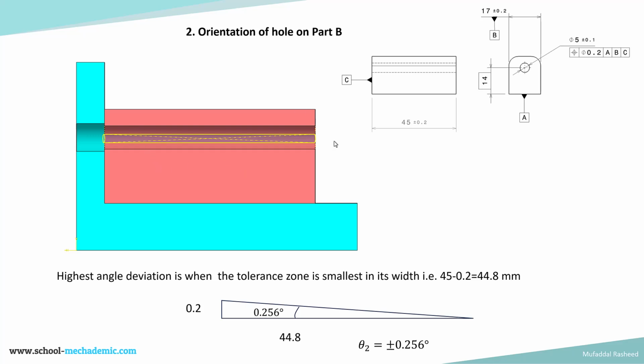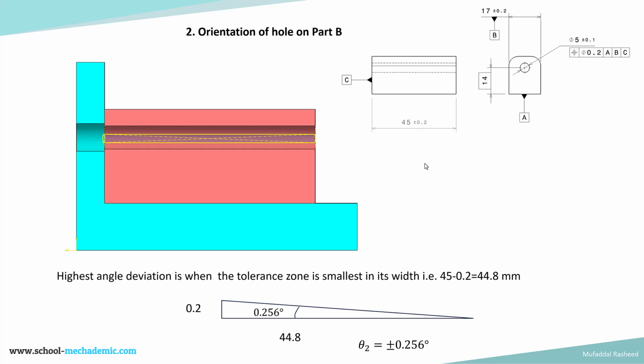So the angle can be calculated similarly. We can take the right angle triangle again. 0.2 is the opposite side and adjacent side is 44.8. So this distance is calculated using this value, 45 plus or minus 0.2, the width of the part, and we are considering the highest angle deviation is in the smallest tolerance zone.